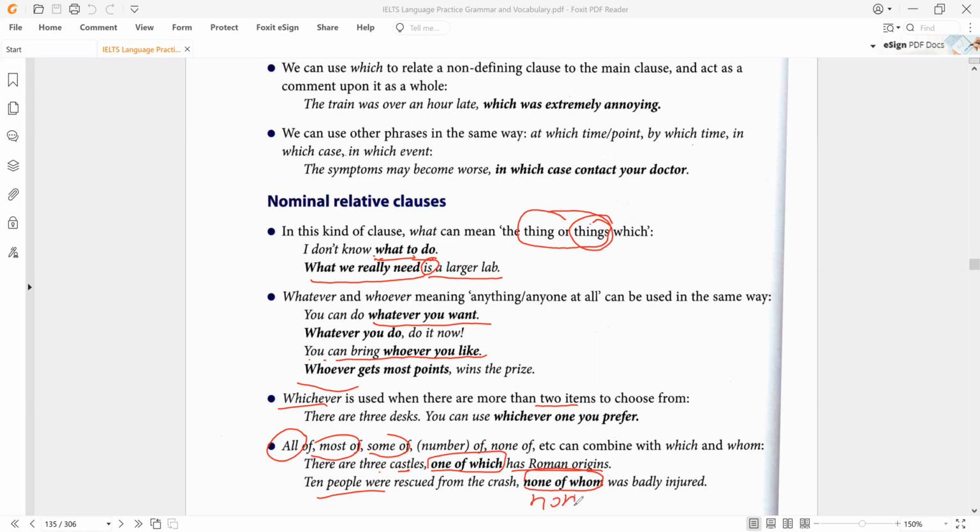None، ولا واحد. فممكن نقول none was badly injured or none of whom or no one was badly injured. فإذا لا داعي للإطالة بهذا الشكل أو باعتبارها قواعد، لكن defining and non-defining clauses هي المهم، أهم من هذا الكلام بصراحة.